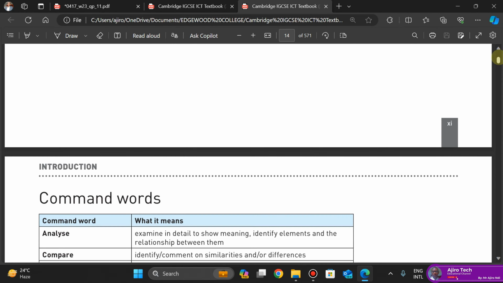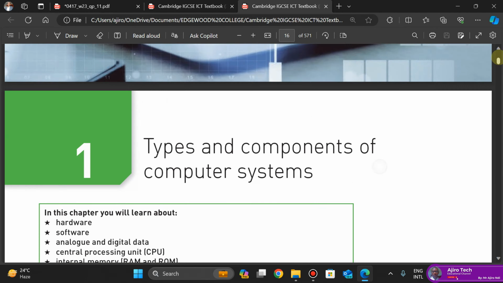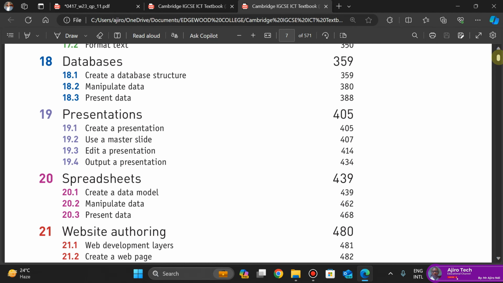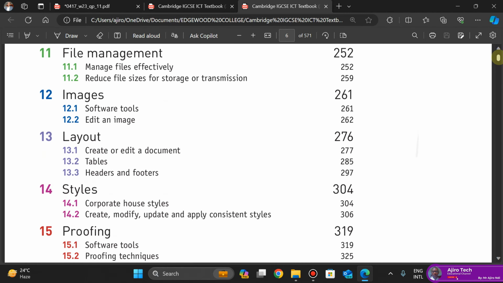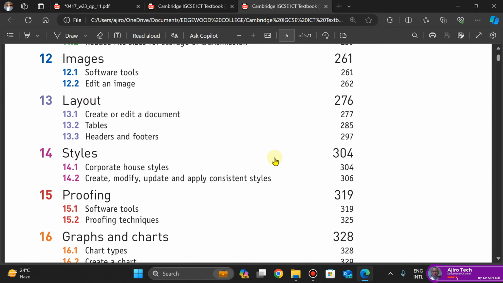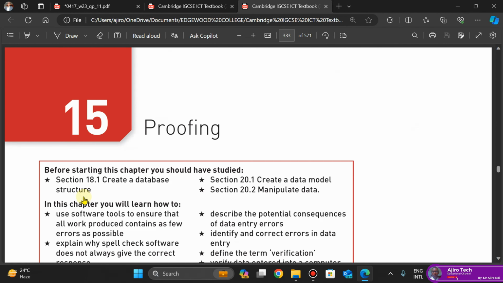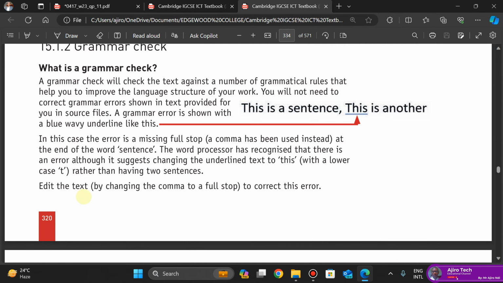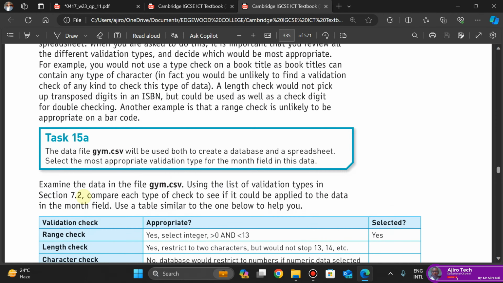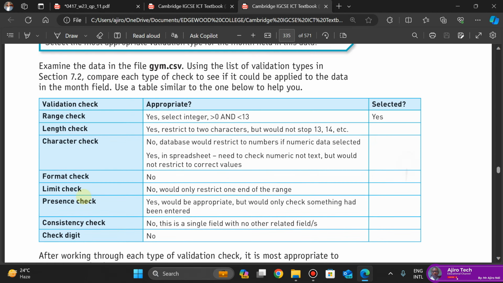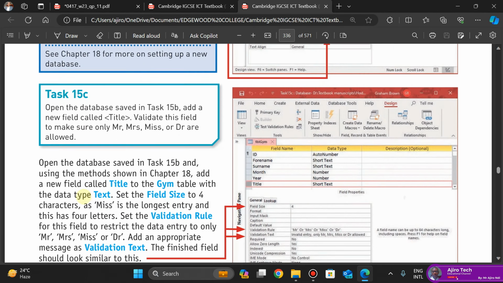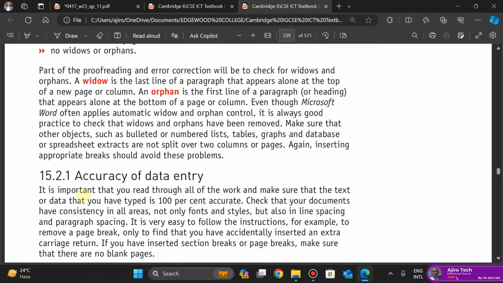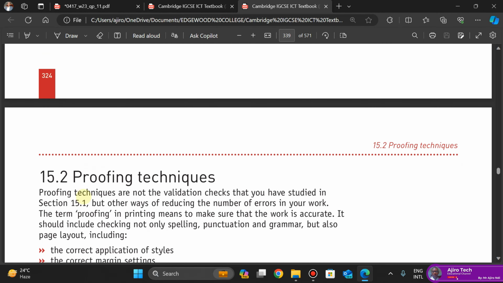Let's see the table of contents: layout, styles, proofing. You have spell check, you have the validation routines here, and then you have your proofing technique.